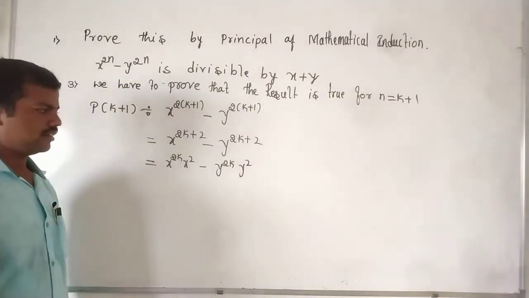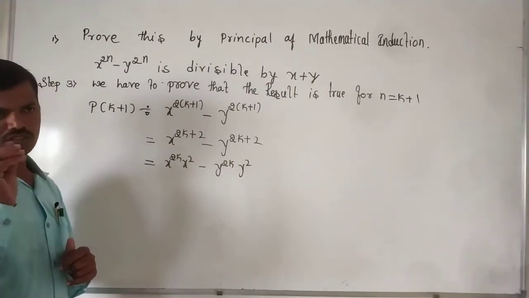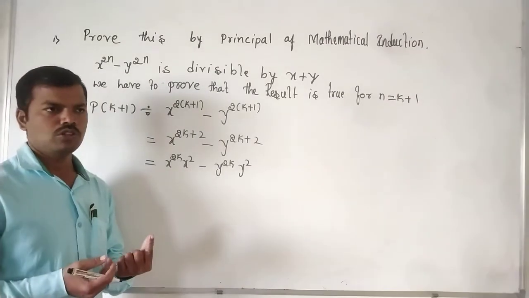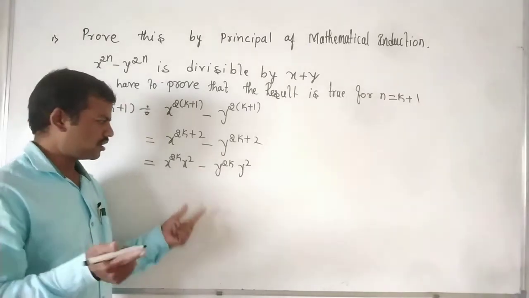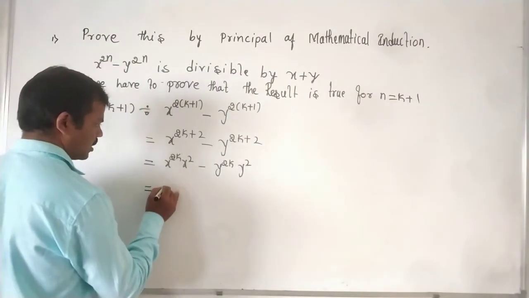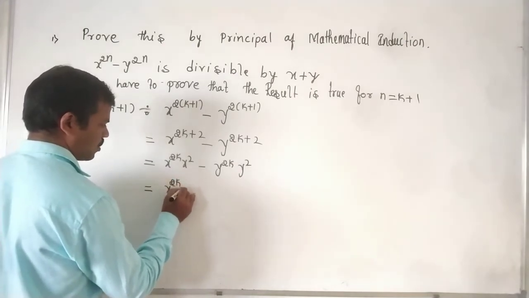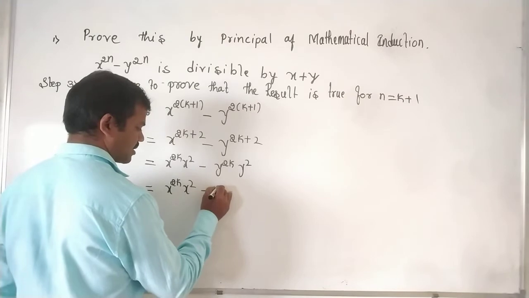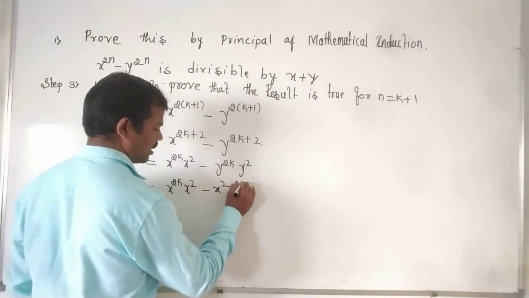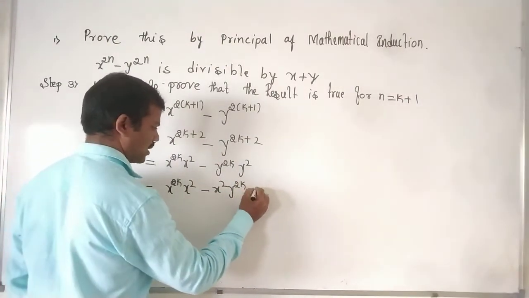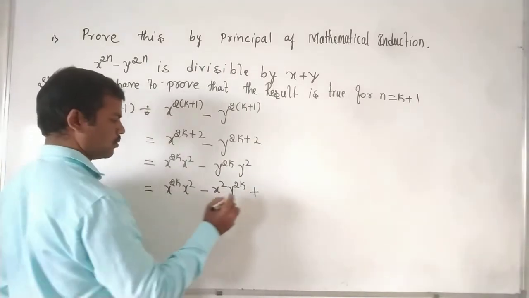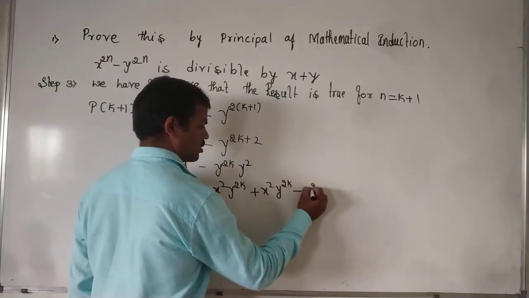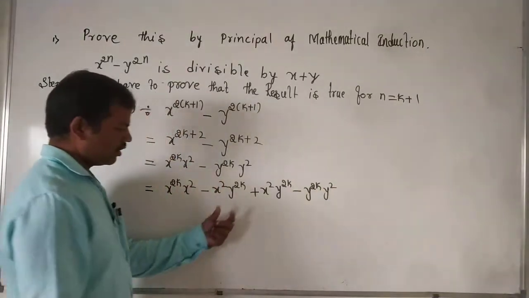But here we need some logical simplification. This is algebraic, so we can add and subtract terms. So x raised to 2k x square, minus x square y raised to 2k, plus x square y raised to 2k, minus y raised to 2k y square. Remember this arrangement and you are done.